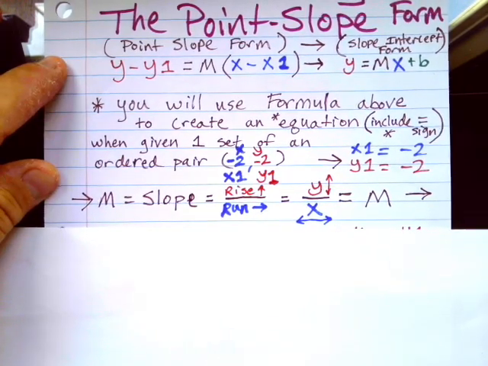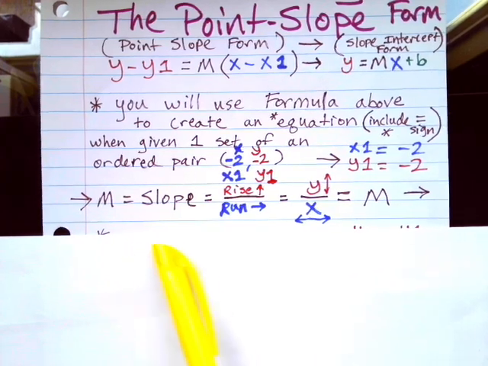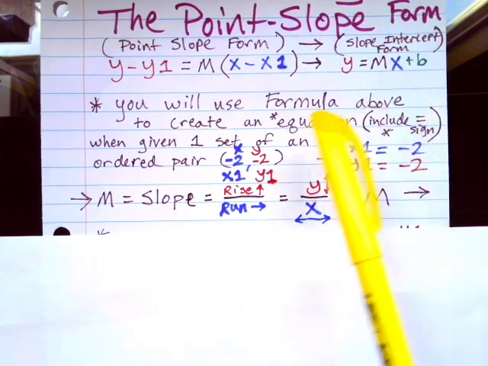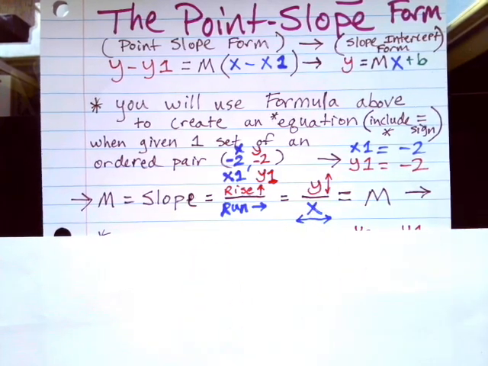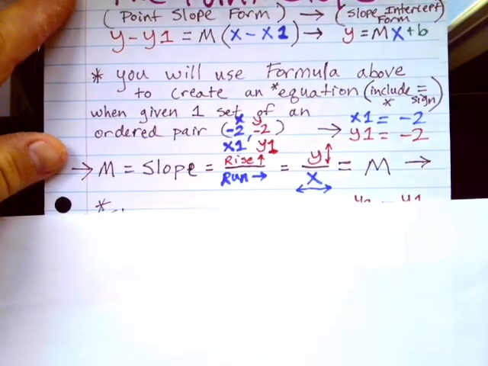So again, to review, the m in slope-intercept form and point slope form is your slope. Rise over run, y over x, represents our m value.